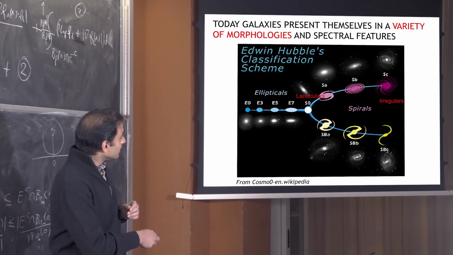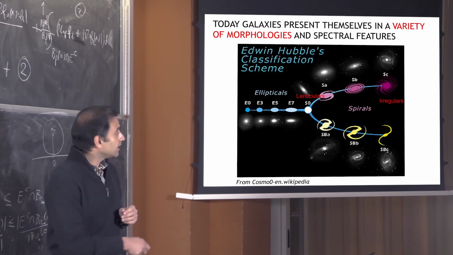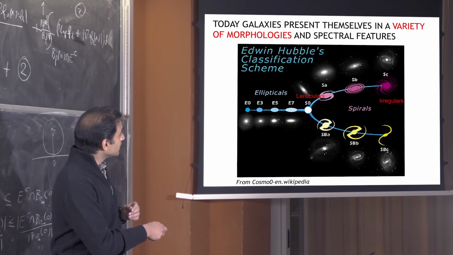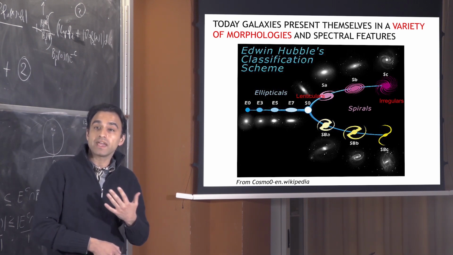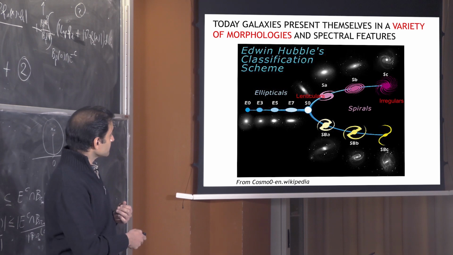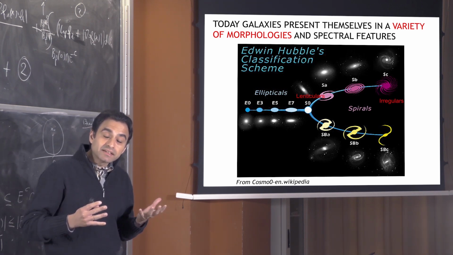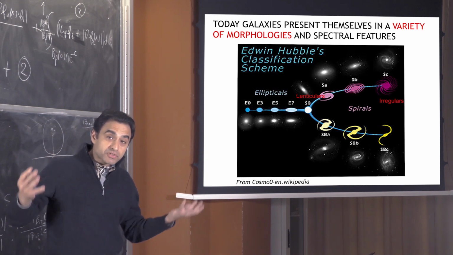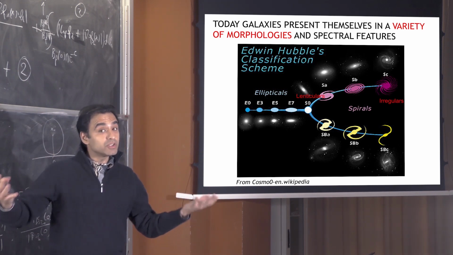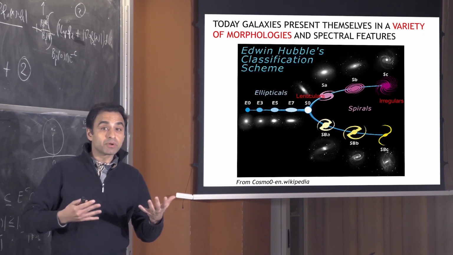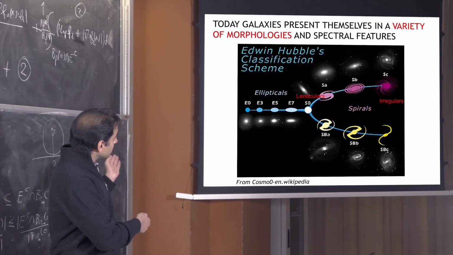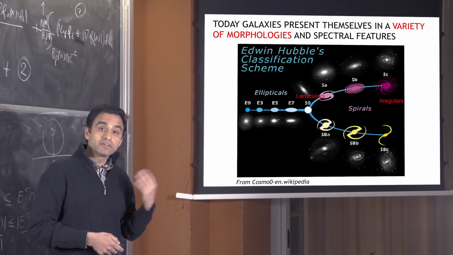The bottom one shows that these spiral galaxies have a bar inside, and the top one shows spiral galaxies characterized by the absence of any bars. Broadly speaking, all the galaxies that are observed, at least in the local universe, will be able to fit within one of these families.